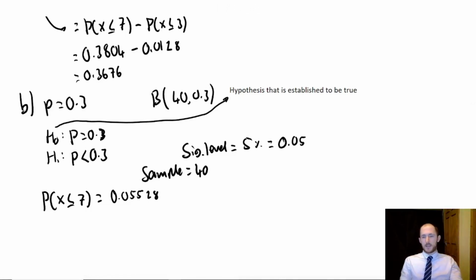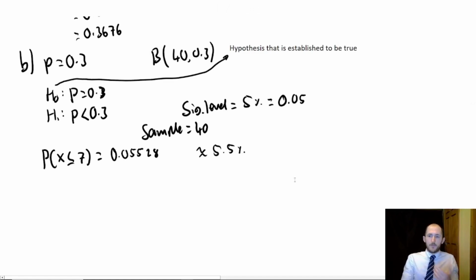So what that means is basically there is a 5.5% chance that this happened because of this distribution. Okay. So what's the significance level? Well, if you notice, this number is above the significance level, right? It's above the 0.05.